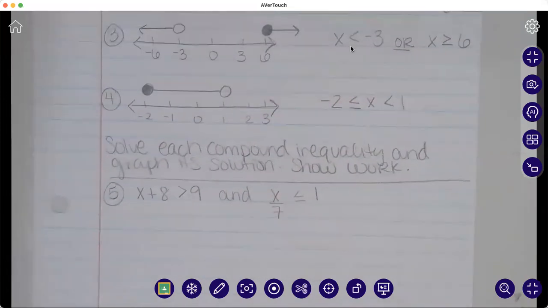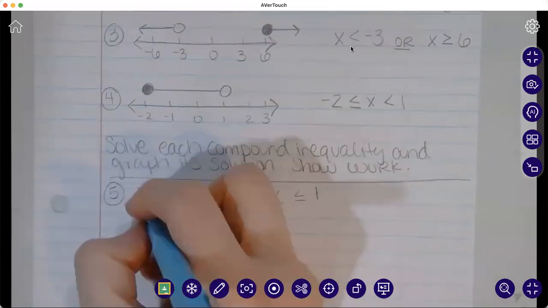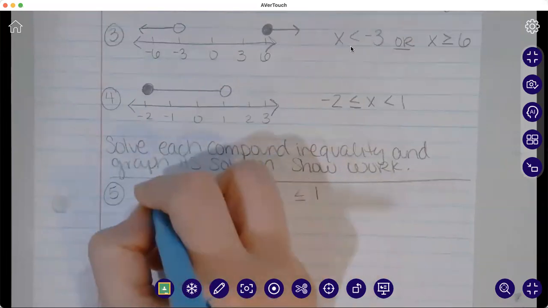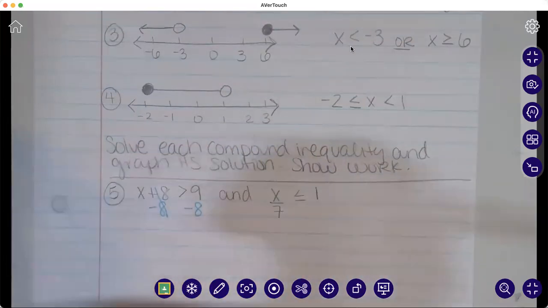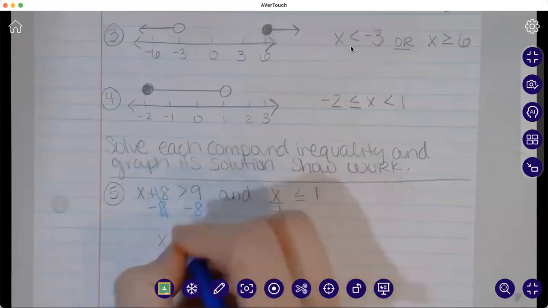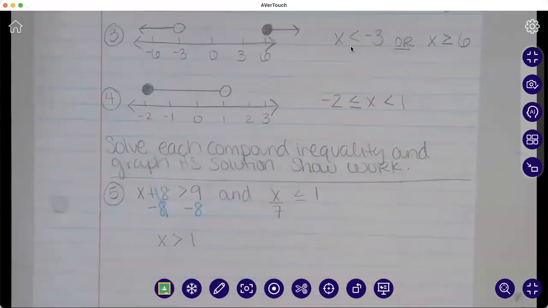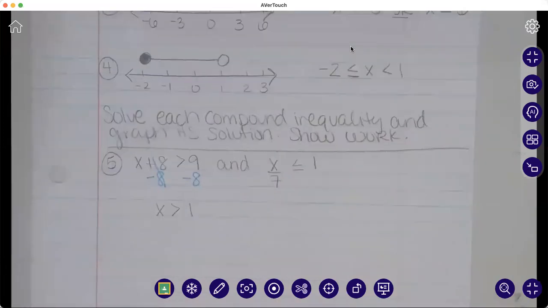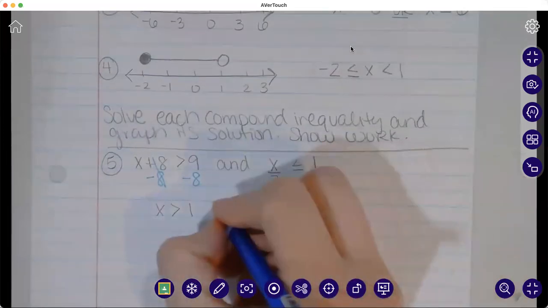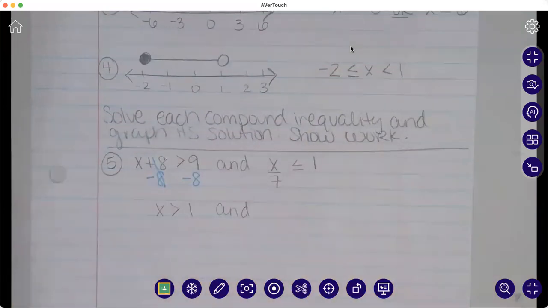Okay, and so this is one way an and statement can be written. And essentially what you're going to do is solve it separately, but we're going to combine our answer together because it's an and statement. So the first thing I'm going to do is subtract 8 from both sides to simplify X. And I get X is greater than 1. Over here, we have X divided by 7 is less than or equal to 1.